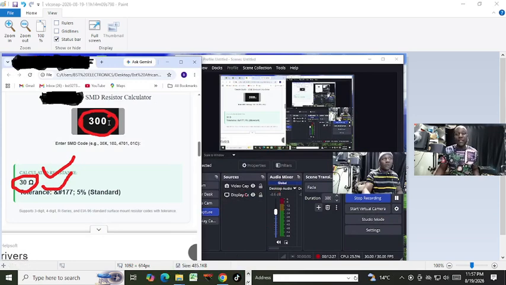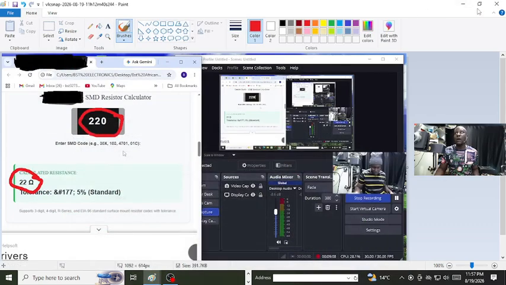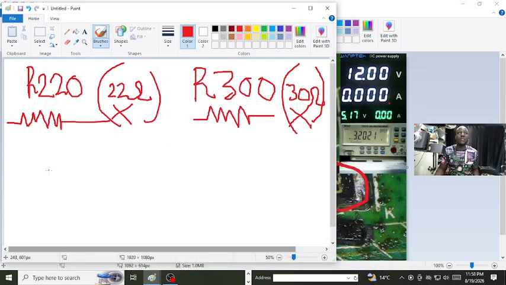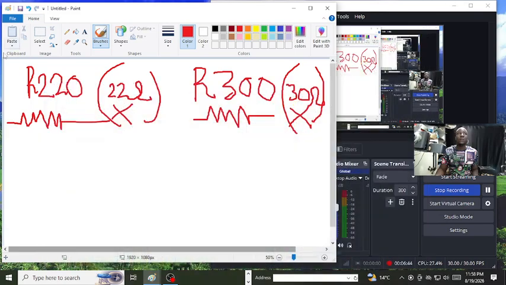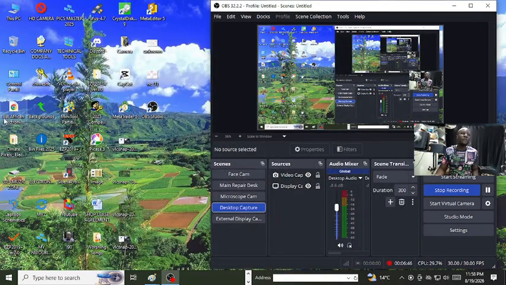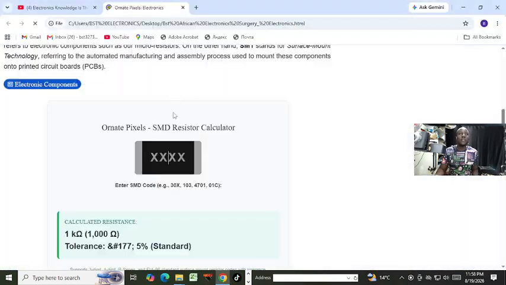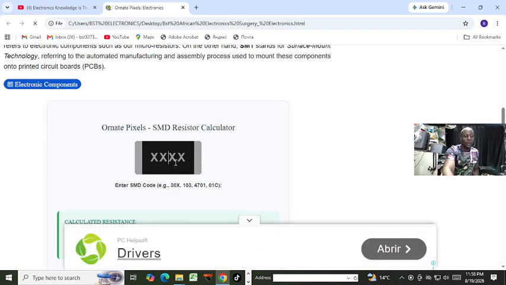So in our case, R220, what is the value of that resistor? Let's calculate. We still have that resistor calculator here. R220.